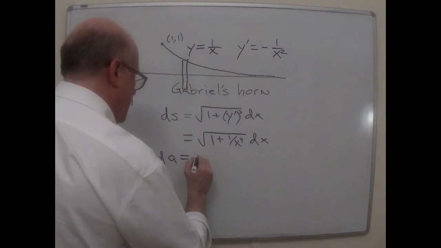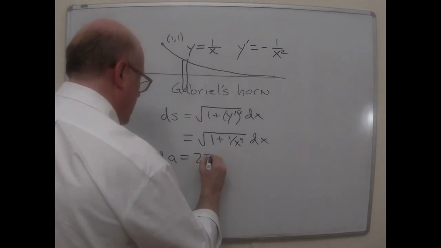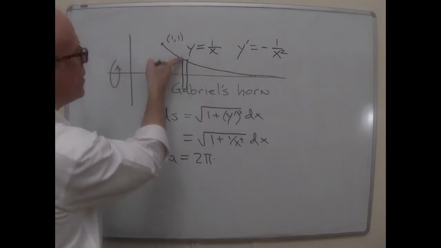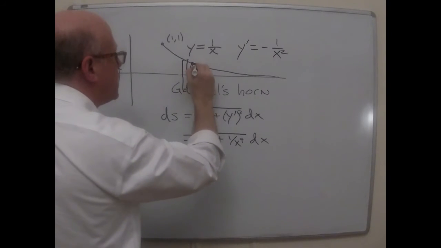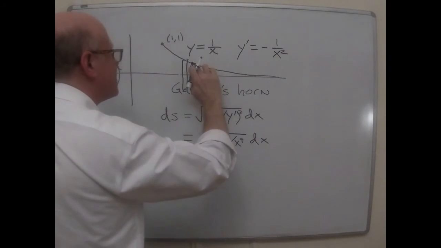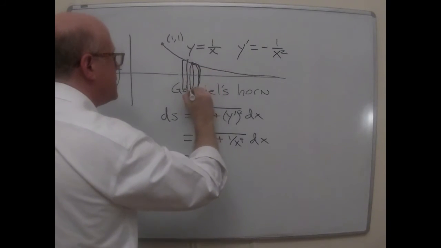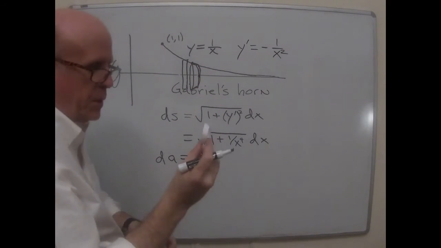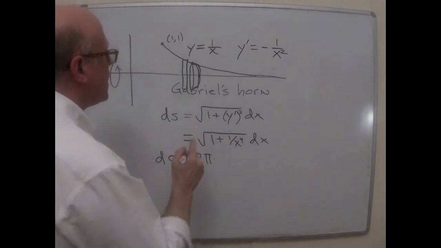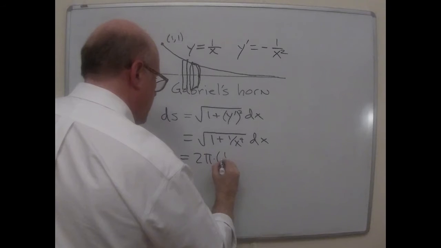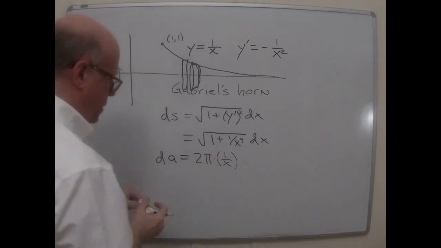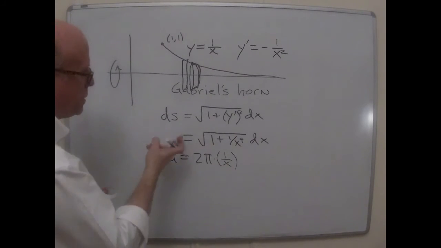It'll be the circumference, 2 pi r, the radius of, no, it's really a frustum of a cone that we're looking at in there. Bad sketching. But, you know, physically it's right here. The radius of that thing is 1 over x. So 2 pi r is 2 pi times 1 over x. And the width of this little strip of paper is ds.